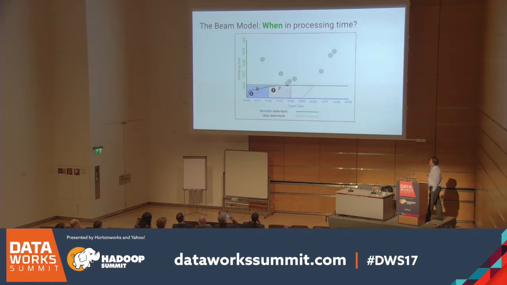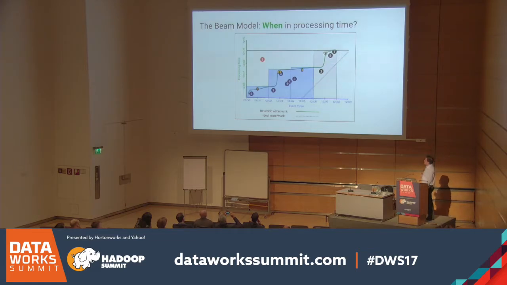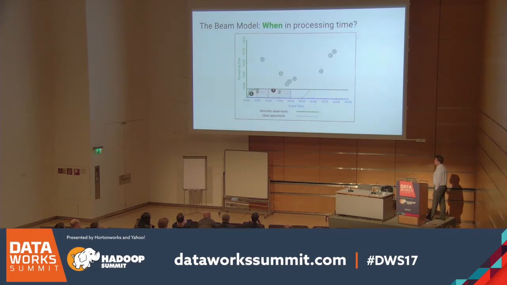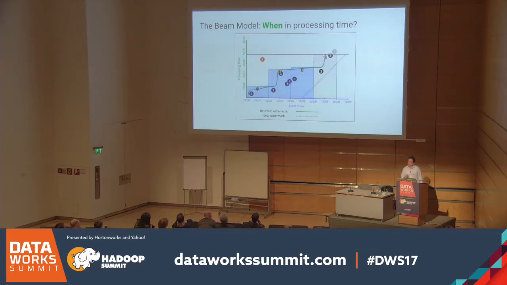So we see around 12:06, the results are produced for the first window that ends at 12:02. And the result is 5, which happens to be incorrect. But for all other windows, the results are correct. So this is a case where the system was wrong, and the watermark was too fast for one window, and was just about right for the remaining 3 windows.